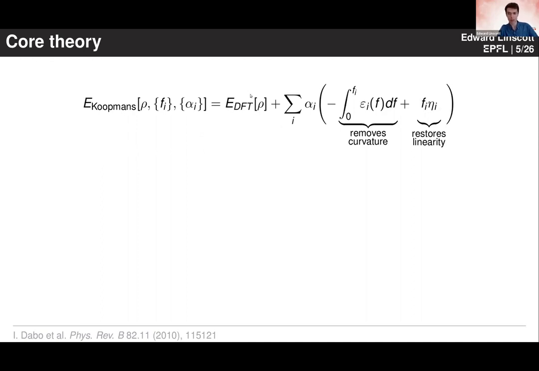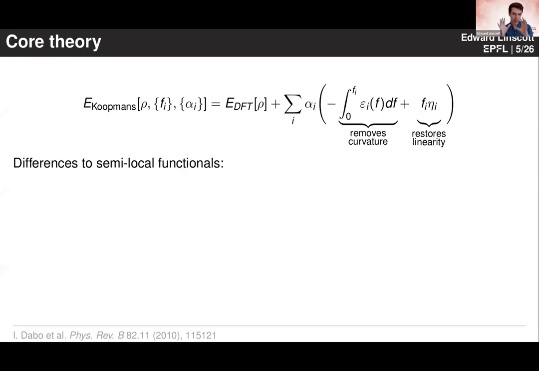We're taking this density functional and adding this additional term that, orbital by orbital, removes this erroneous dependence of eigenvalues on the occupancies and adds in some term that's explicitly linear. So this is kind of like DFT plus U in a way, because again, we've got some base functional and then some correction, and we just differ in precisely what we're trying to correct.